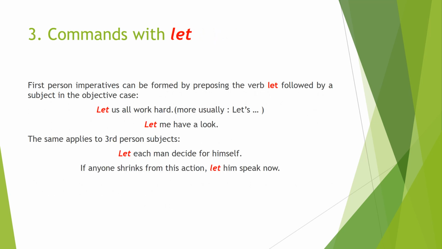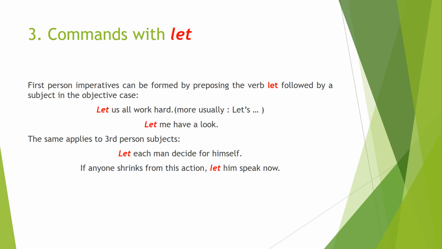The third type of commands is a command with let. So here, the commands or first-person imperatives can be formed by preposing the verb let, followed by the subject in the objective case.